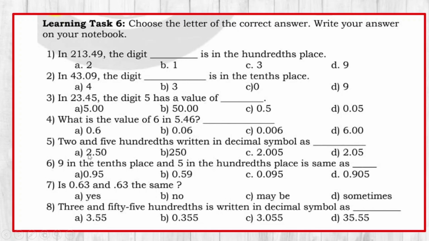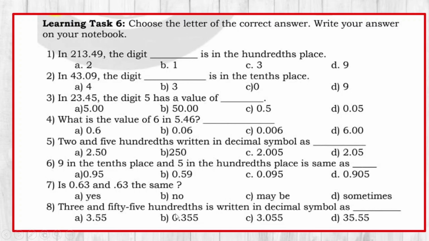Number 5. 2 and 5 hundredths written in decimal symbol as 2.50, 250, 2.005, 2.05. So, 2 and 5 hundredths. Alin kaya dyan? The next, number 6. 9 in the tenths place and 5 in the hundredths place is the same as A, B, C, D. Then 7. 0.63 and 0.63 are the same?